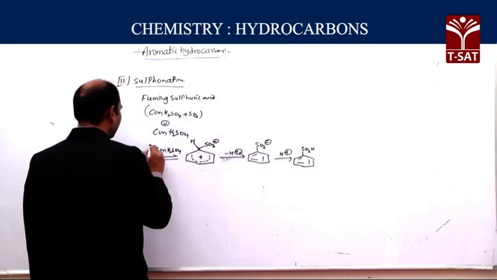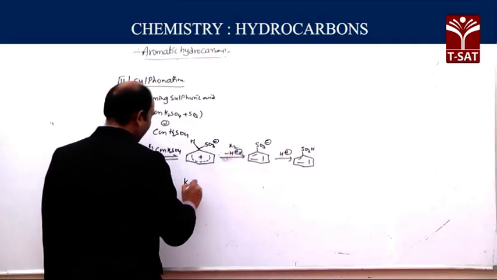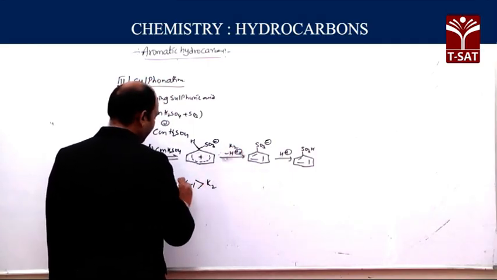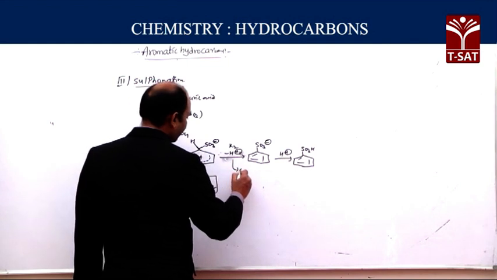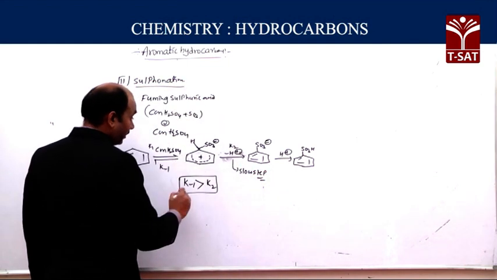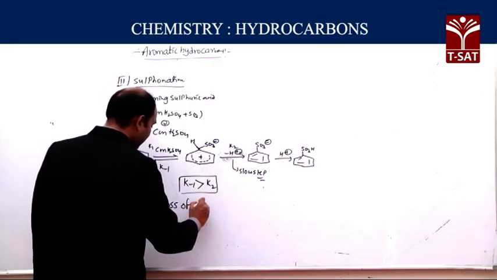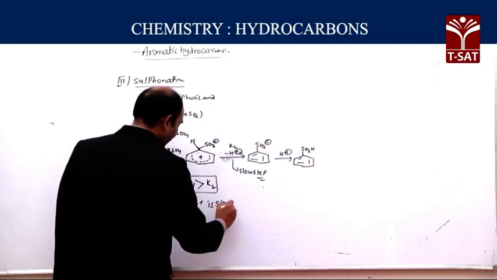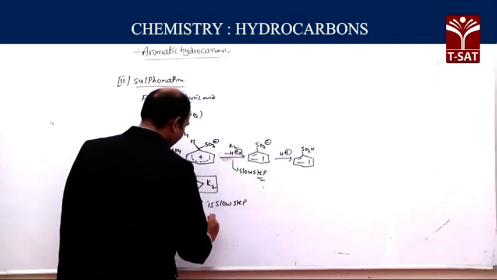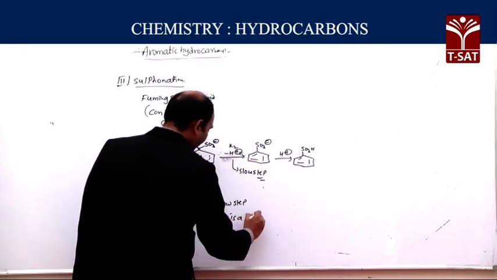Again there are K1, K minus 1 and K2, and K minus 1 is greater than K2. That means loss of H plus is a slow step, therefore the rate determining step.